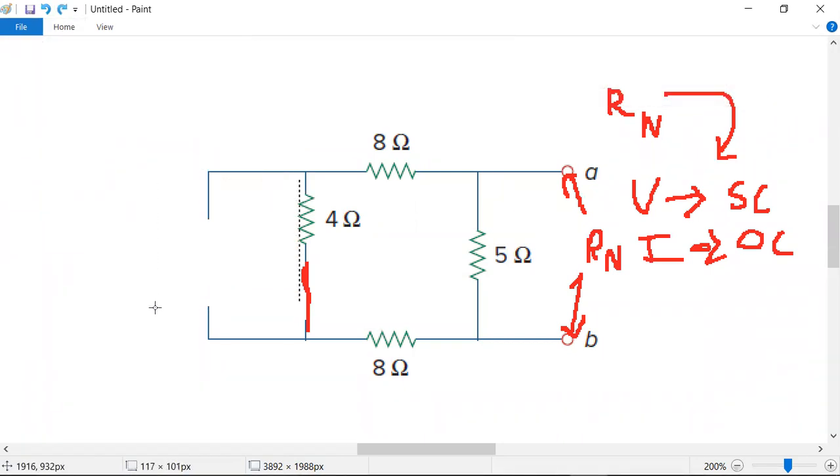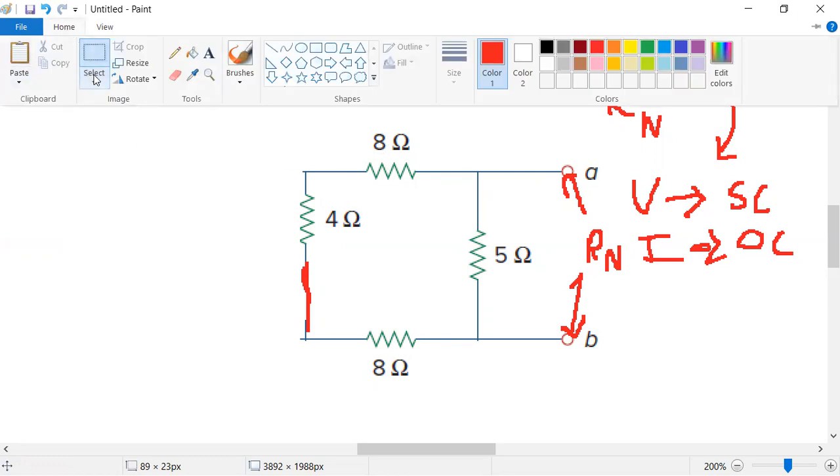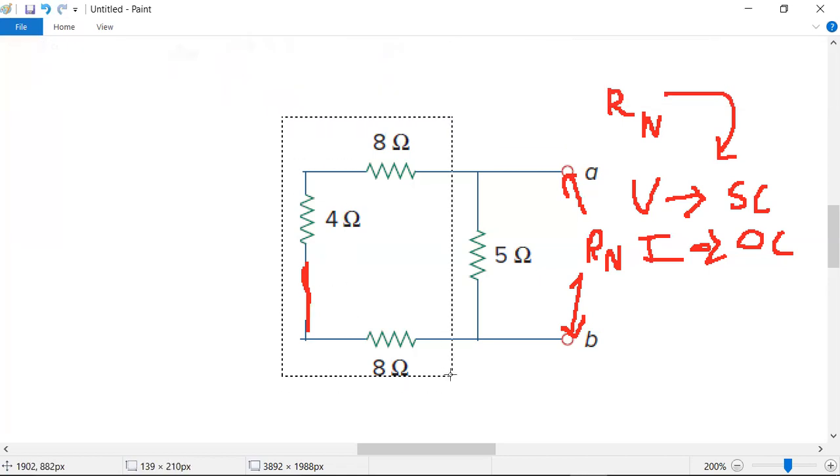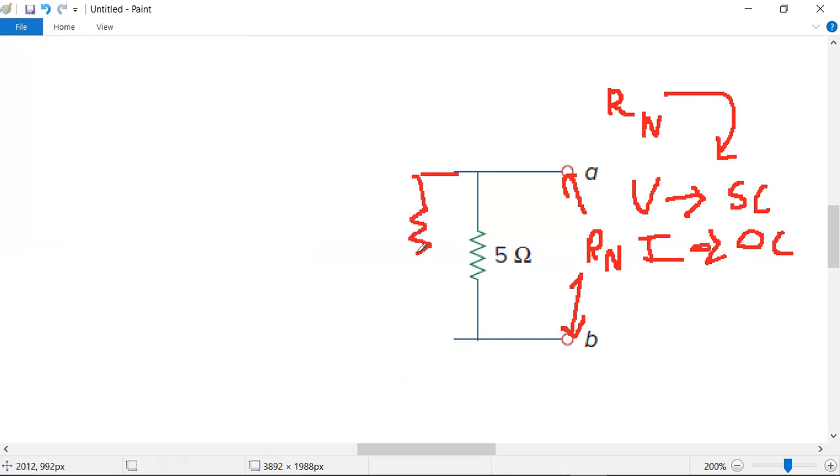Since there is no current flowing, because that is an open circuit, these three, 8, 4, 8, are in series. So 8 plus 4 is 12, 12 plus 8 is 20. The entire resistance becomes 20 ohms. Let me convert it into a single resistor, that is 20 ohms, because these three are in series. So the resistance will become 20 ohms.